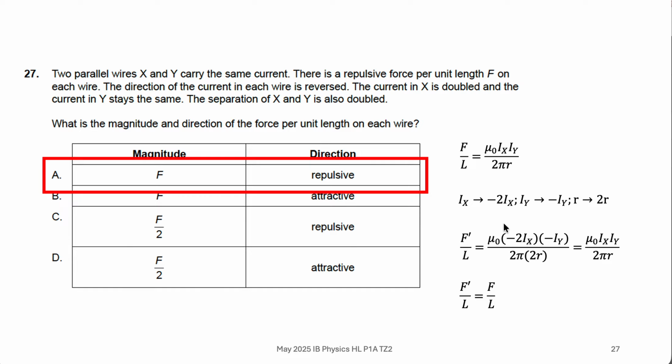That is because we've taken a positive number and turned it back into a positive number. In other words, the change in the field direction due to this minus Ix, for example, combined with the change in the current direction, cancel each other out to produce exactly the same force that we had in the first place.